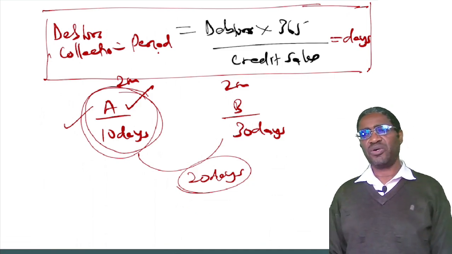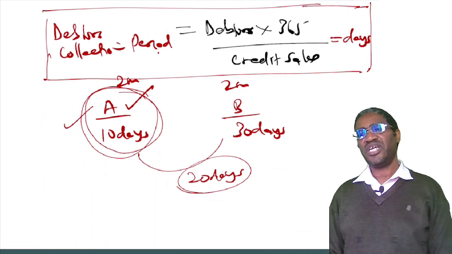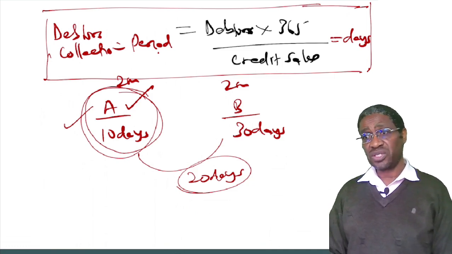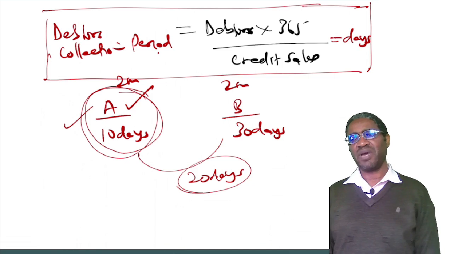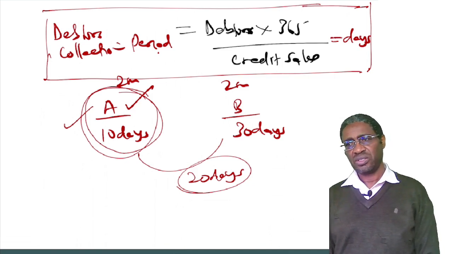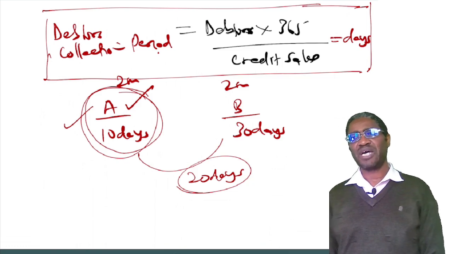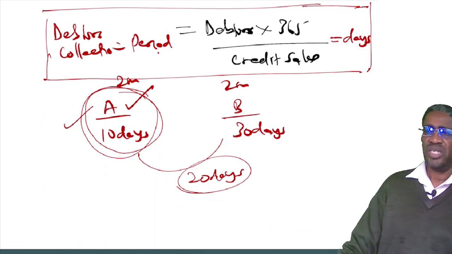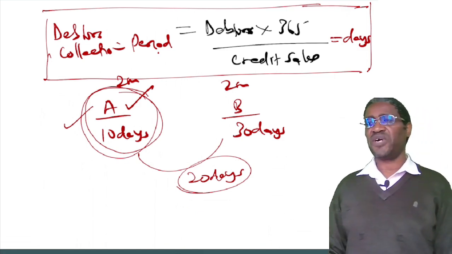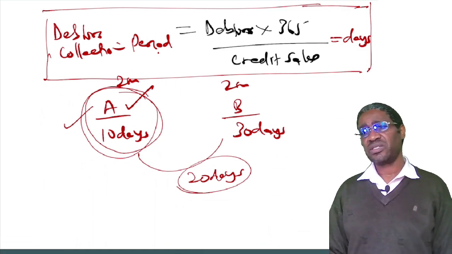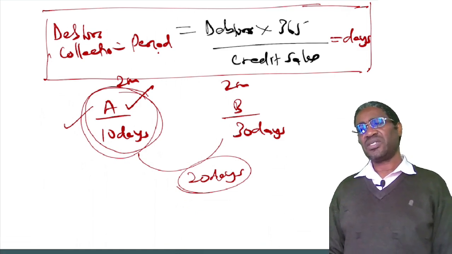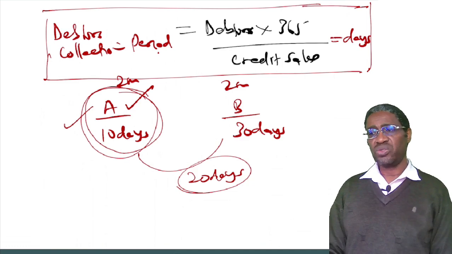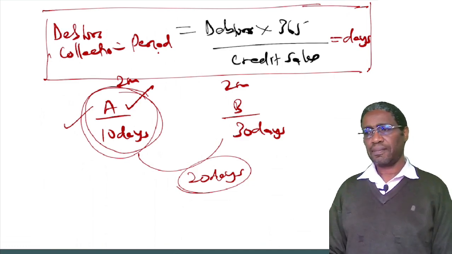Debtors collection period equals debtors times 365 divided by credit sales, and whatever answer you get should be expressed in terms of days.